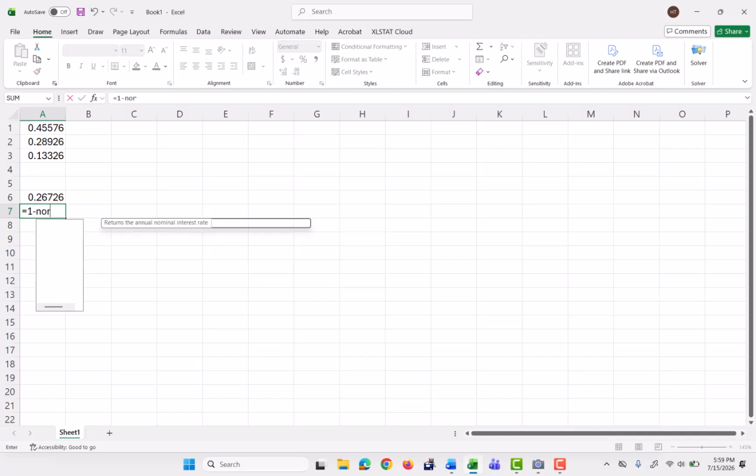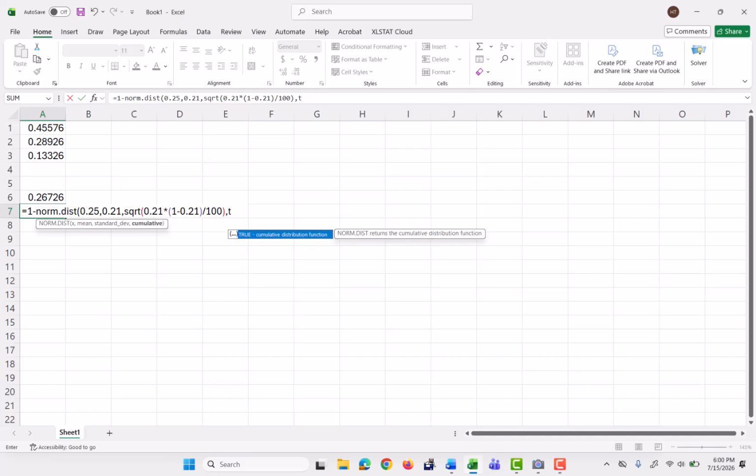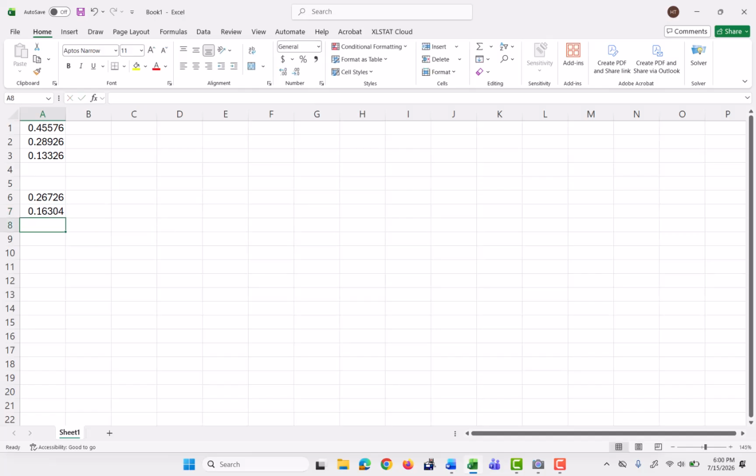So let's go make this calculation. Equals 1 minus norm.dist, 0.25, with a mean of 0.21. Now this is the square root of 0.21 times parentheses 1 minus 0.21. Everything's exactly the same in our formula so far, but now it's going to be divided by 100, our sample size. And that probably gets smaller, 0.1630.